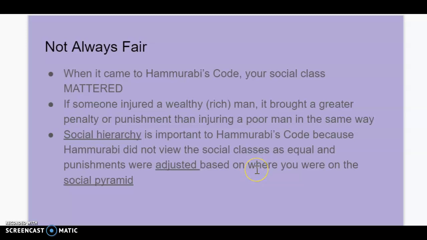If you were higher on the social pyramid, then you were given a lesser penalty for committing a crime, and if a crime was committed against you, a harsher penalty was applied to the person if they came from a lower part of the social pyramid. It's very interesting. Hammurabi placed a lot of emphasis on your social hierarchy, and you were punished more harshly or less harshly based on that.